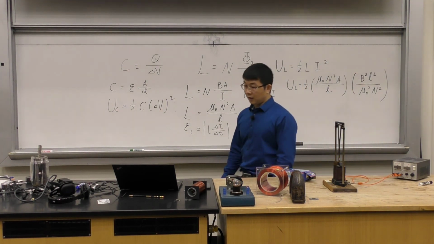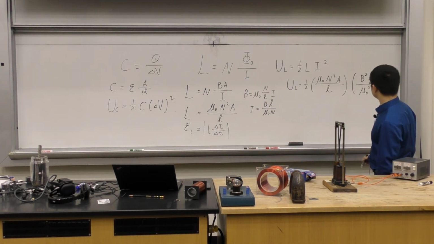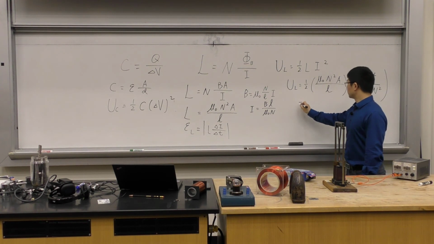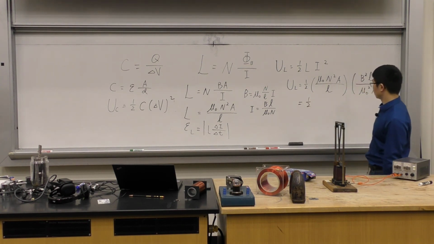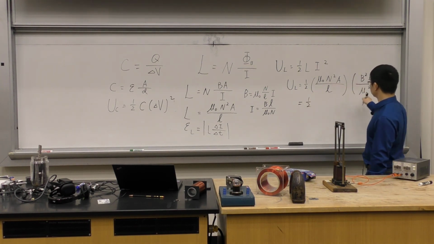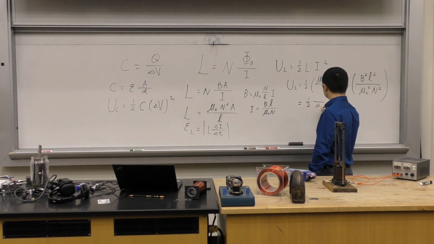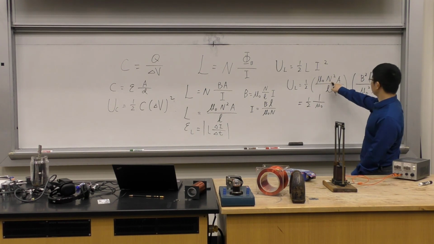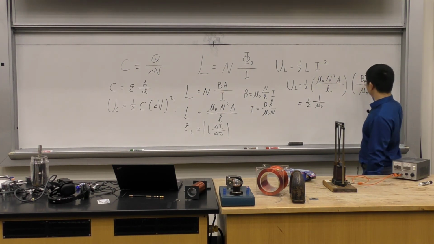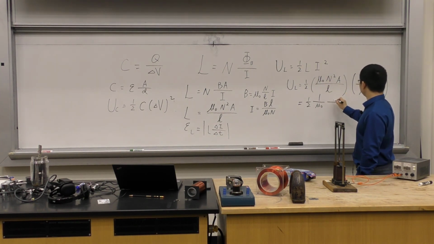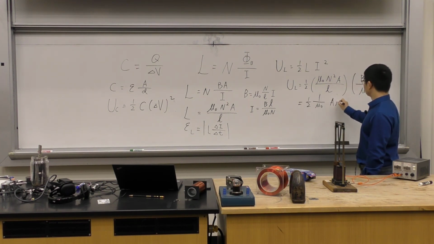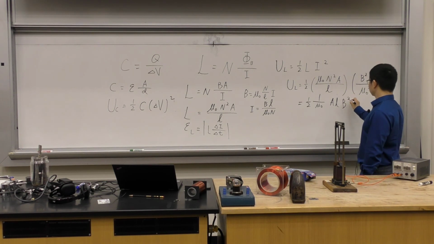Right. And then let's do some cancellations. So I will still get 1/2, right? And then mu naught cancels this mu, so I will get a mu naught at the bottom. And the N squared and N squared cancel, right? L and L, I will still have 1 power of L at the top, and A is left, and the B squared is left.